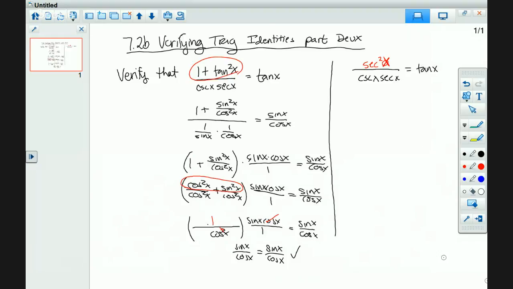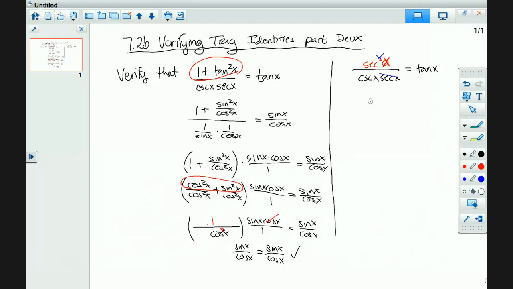Okay, that's that identity substitution again. And look, we have top and bottom we can cancel, right? So that secant's gone and the squared there is gone because there were 2 of them. Now there's 1.